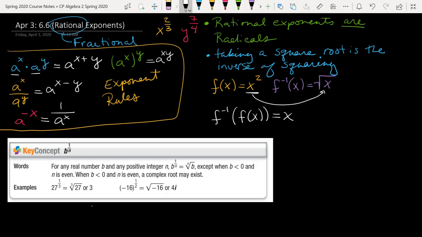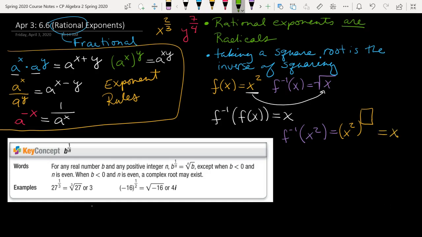But let's make this fit with all of these exponent rules. Since f is raising x to the second power, we can think of f inverse of x as raising that expression to another power. So when we take f inverse of x squared, and we expect to get x out, what power will we have to raise the entire expression x squared to in order to get x out?